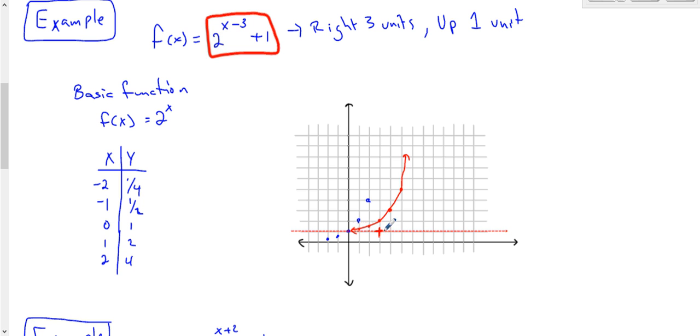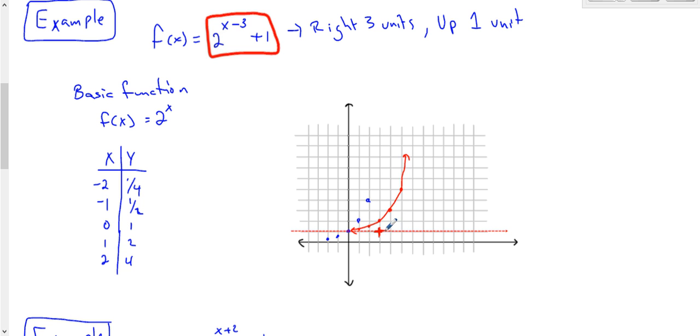So if my focal point, instead of being the origin, is now 3, 1, I go up 1 unit, just like the graph over here went up 1 unit, and then if I move over 1, I went up 2 units. If I move over 2, I go up 4 units.